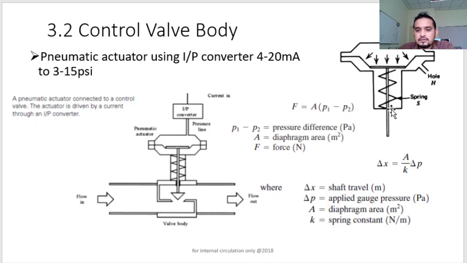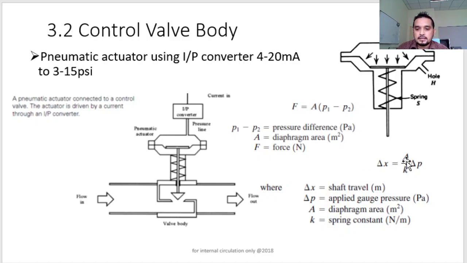The distance of this shaft travel we call delta X. It can be calculated using the formula A, the diaphragm area again, divided by the spring constant K, times delta P, the pressure difference. The spring constant, in Newton per meter, is a characteristic of the spring, and its value will definitely be given in the data sheet.